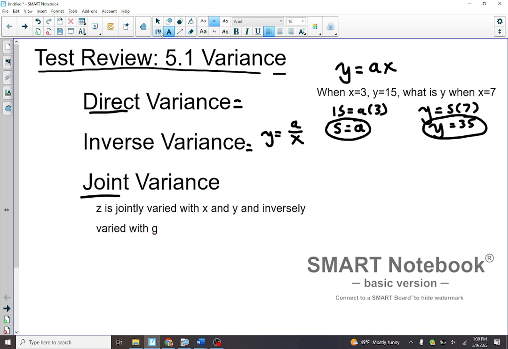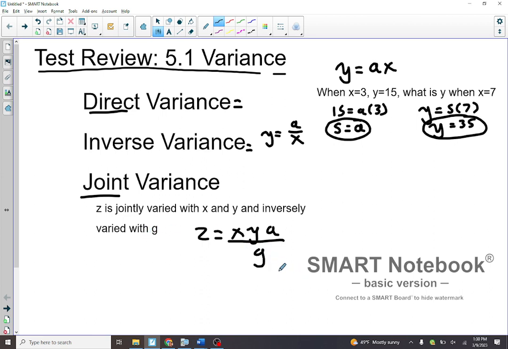Which means in the joint variation one, it would be z equals anything jointly will be on the top, x, y, a, and then anything inversely will go on the bottom, in this case g.